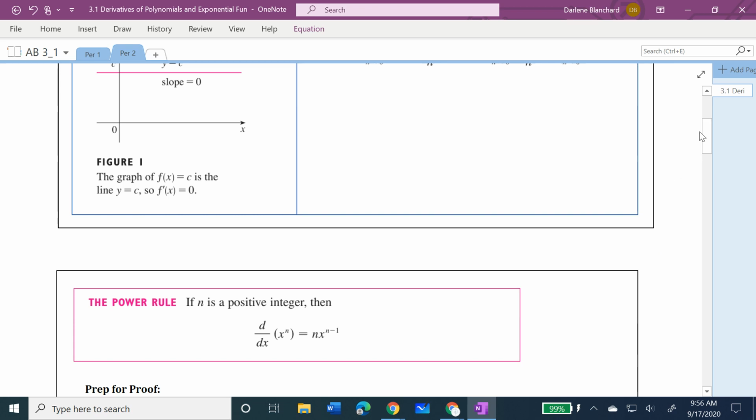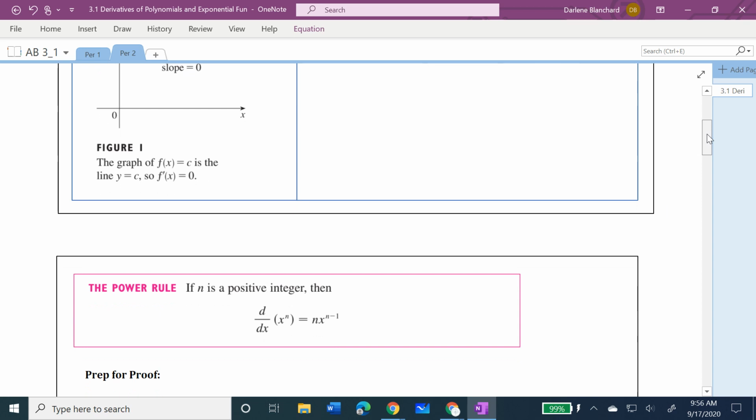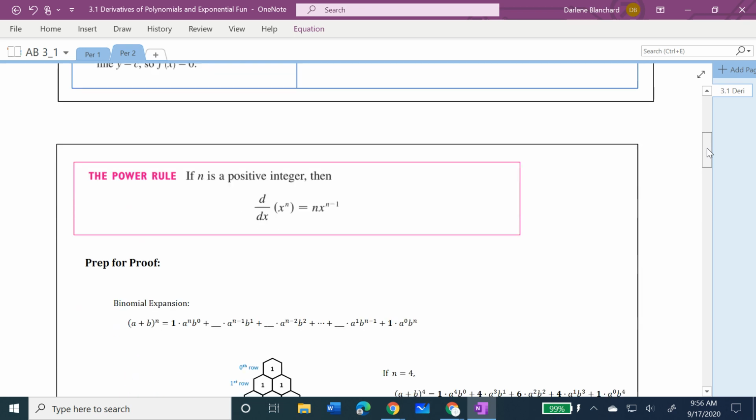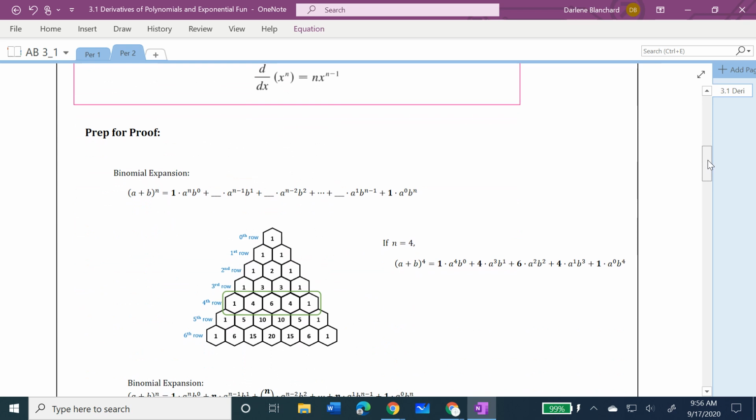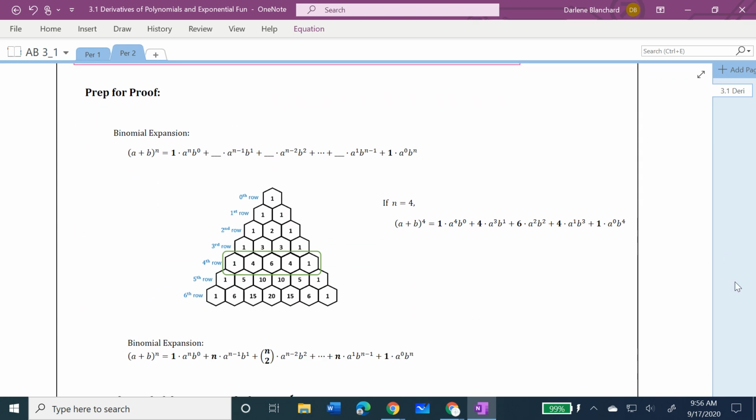Yes. Now, I spent way too long putting this together, but anyway, this is really powerful right here.